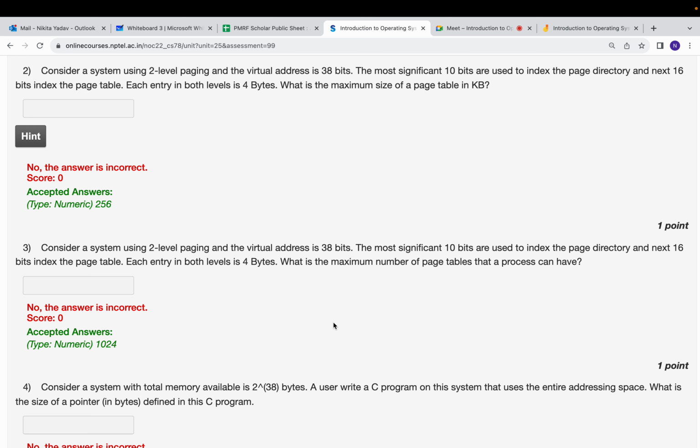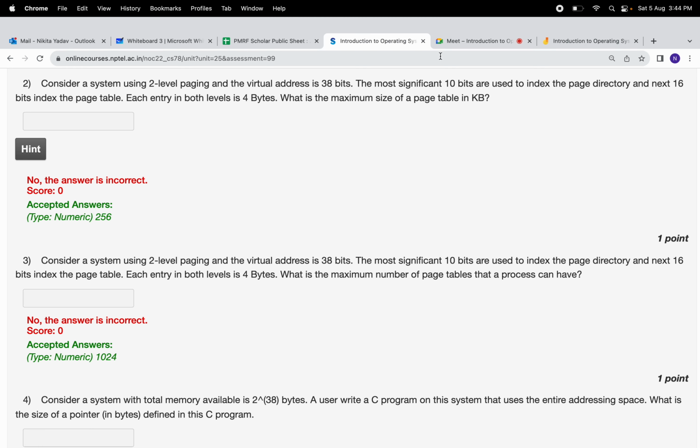What is the size of pointer in bytes? Okay, so I'll explain.